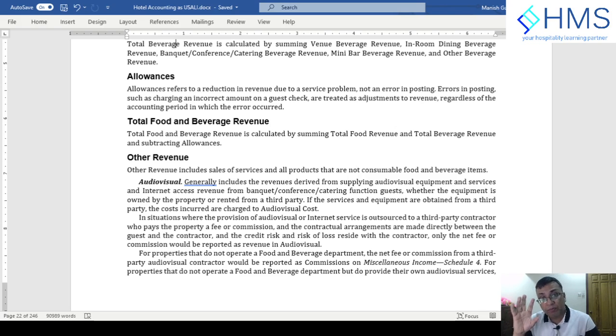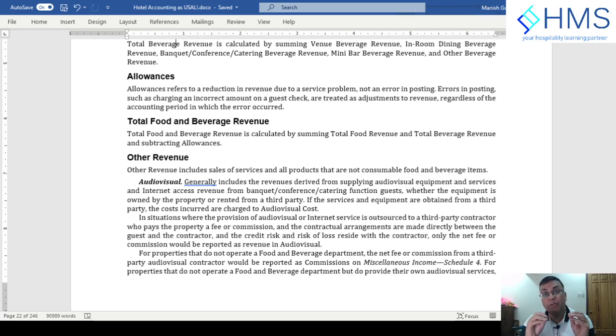However, because usually we are comparing the cost of sale with the total food revenue, not after the allowances, but before the allowances. Usually you will see, if you are not doing that and there are a lot of recoveries, the food cost percentage will be affected quite a lot, and it will lead to the wrong decisions by the outlet to control the food cost, when maybe the food cost is already in control.